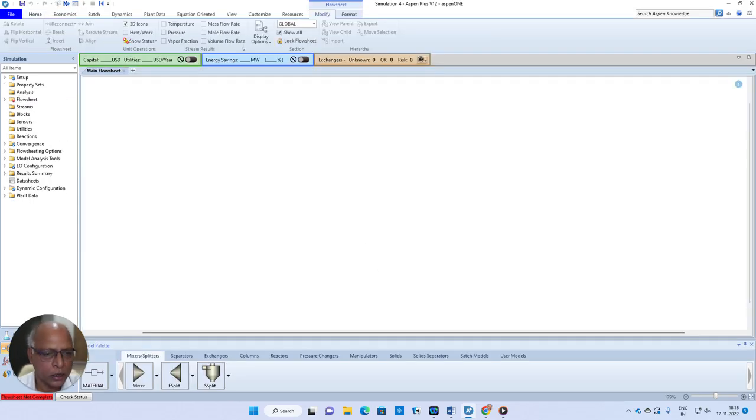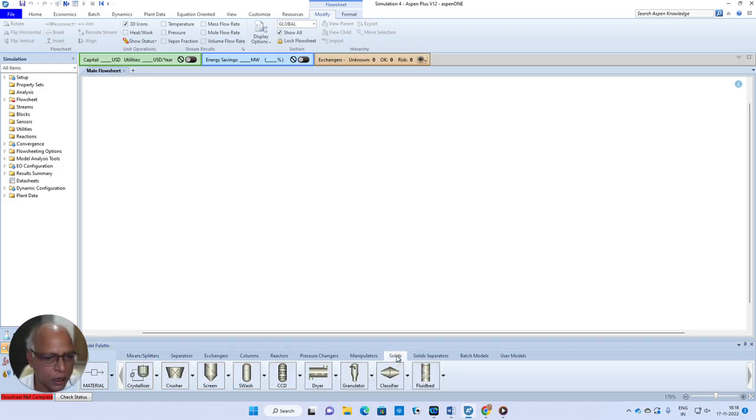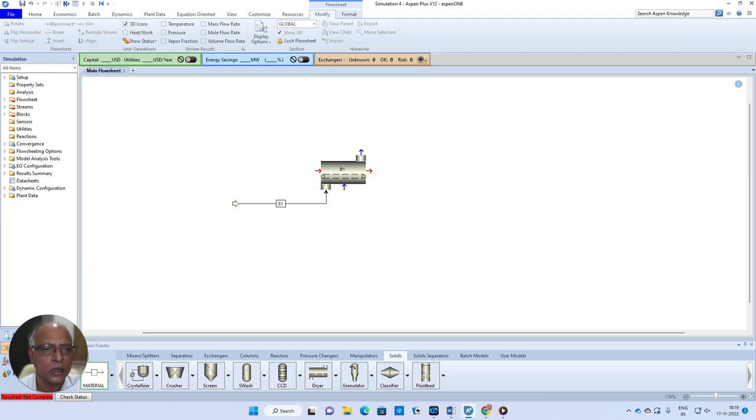Now create your simulation. You can see various models under this head, solids, and some equipment for solid separators are also available. If you go to this, you will be able to identify this dryer. So select this model and then connect input and output. Be aware that this has to be the inlet gas stream, and this is the outlet gas stream, and this is your wet solid followed by dry solid.